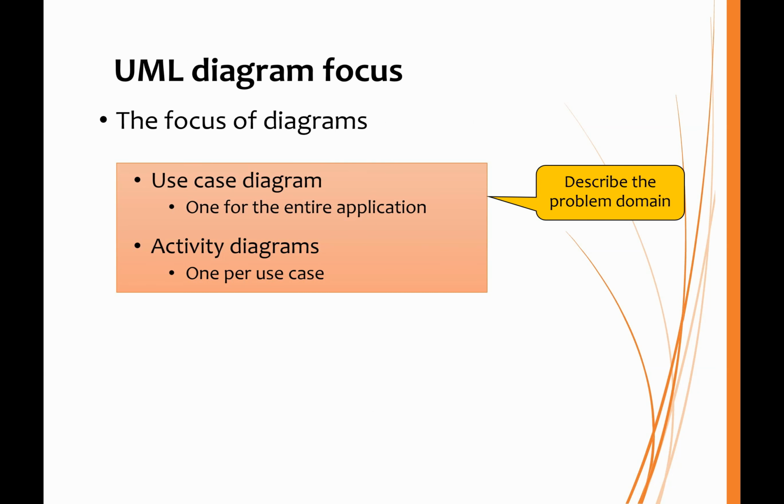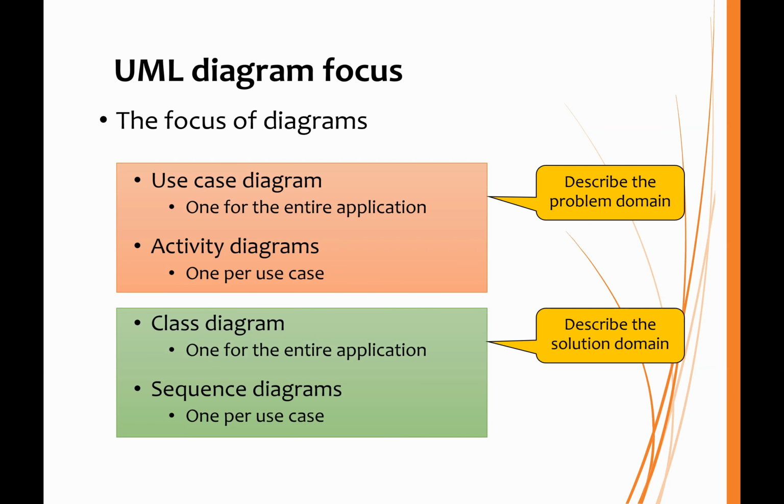When we focus on the problem domain, we will use the use case diagram and the activity diagrams to describe the problem in fairly abstract terms. When we want to focus on the solution, we will use class diagrams and sequence diagrams.